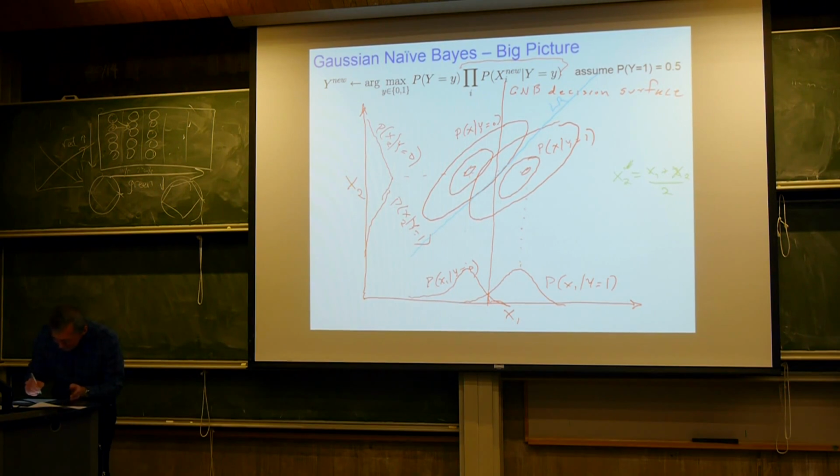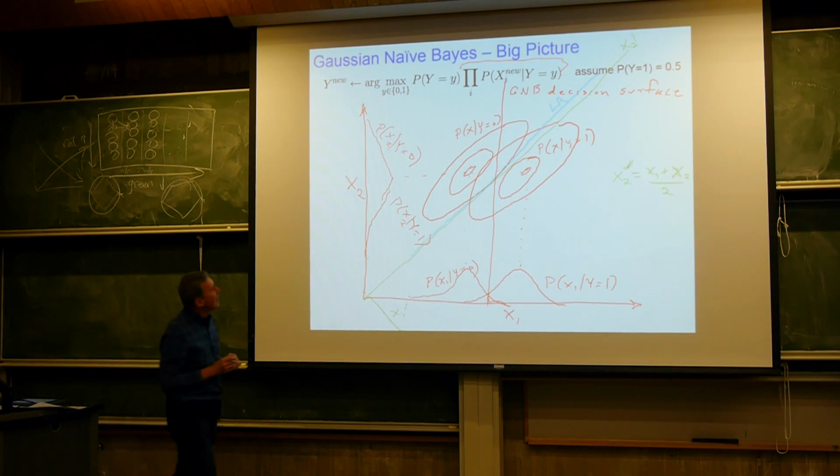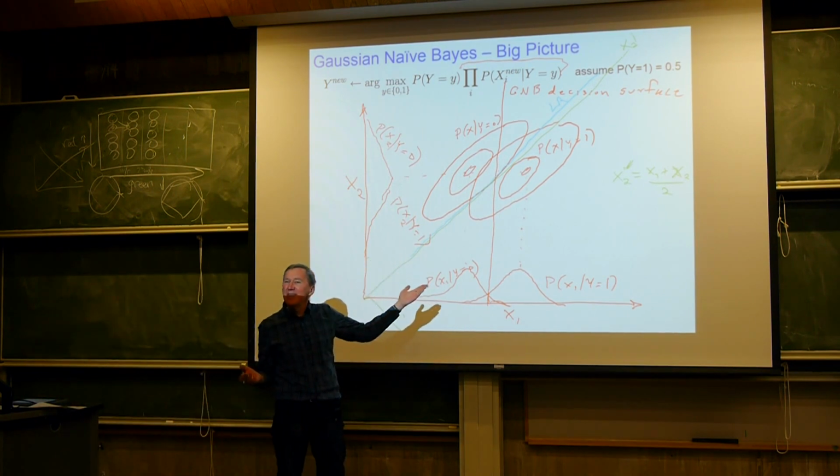So now, basically what I'm going to do is rotate. So my x2 prime will be essentially this. Oops, bad. So here will be my x2 prime axis, and my x1 prime axis will be here. And now, oh, this is going to work great.